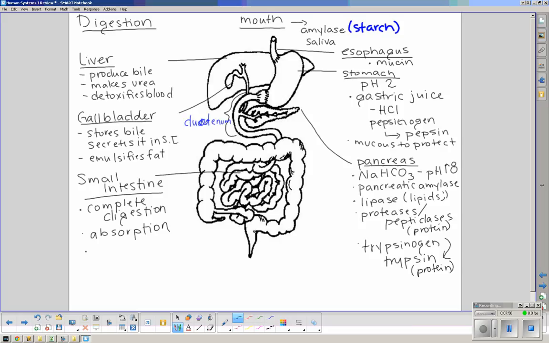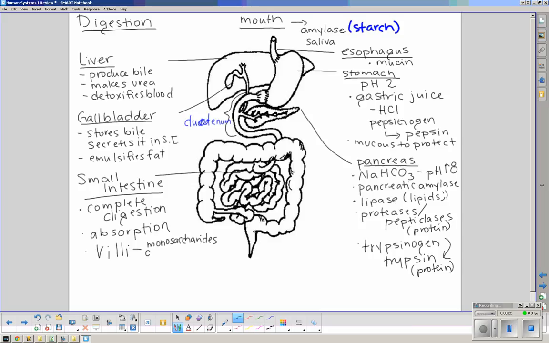This is achieved by a structure called a villi. Villus is singular, villi is plural. Villi can only absorb monomers. An example of monomers are monosaccharides, which are monomers of sugar or carbohydrates.